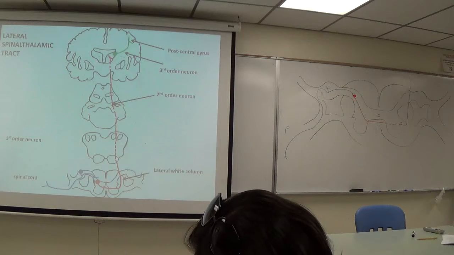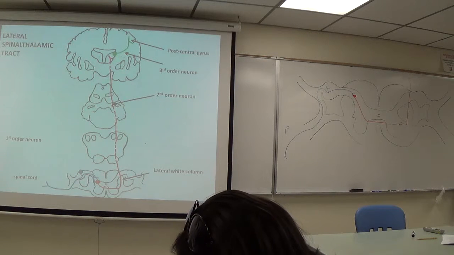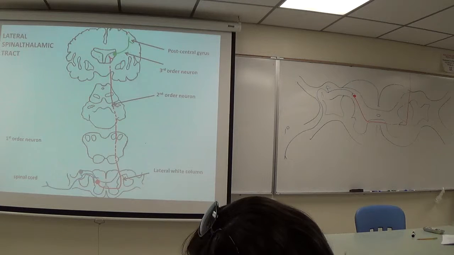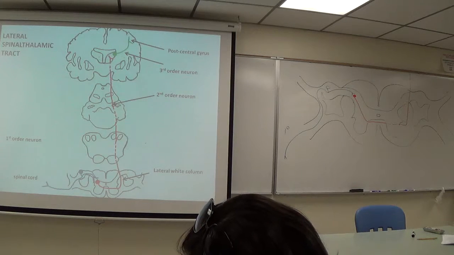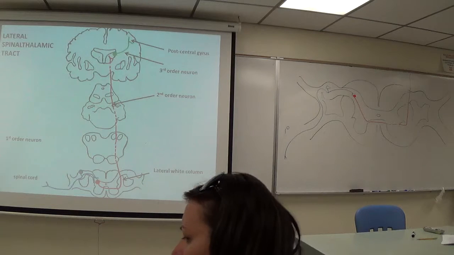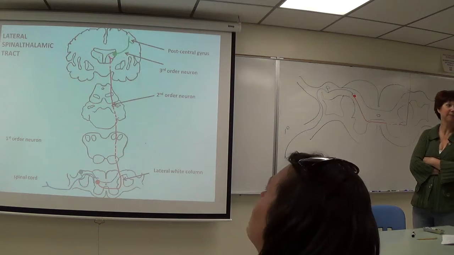This one you can tell by the name. It's going from the spinal column to thalamus, so it's going up. In the ascending pathway, it's sensory. No, it's post as well.